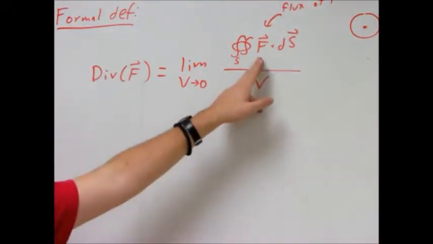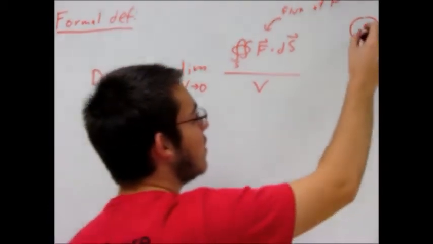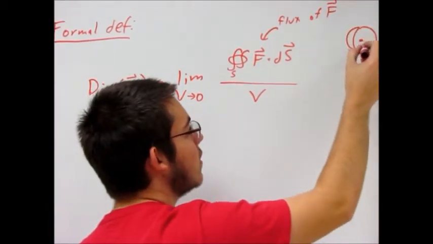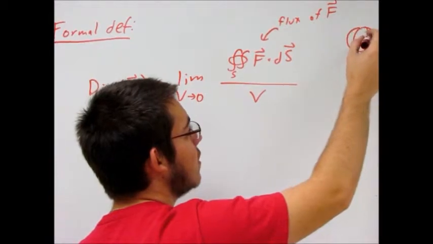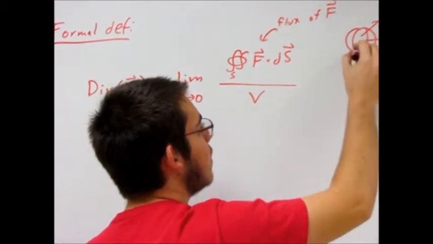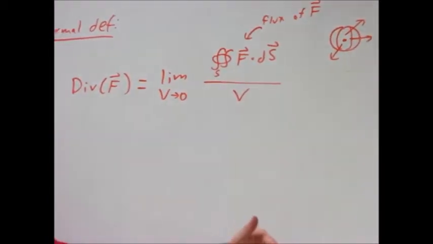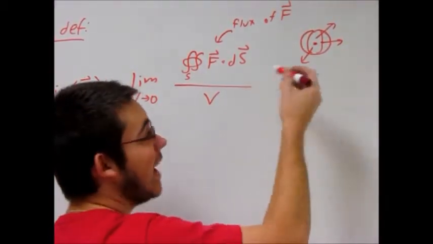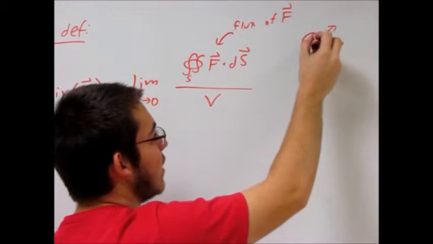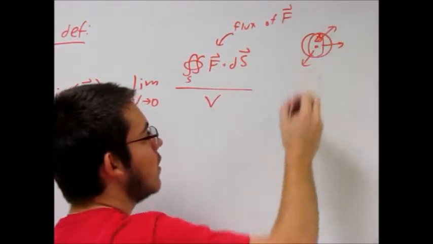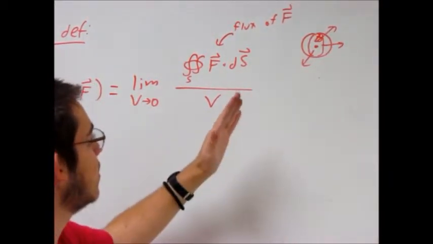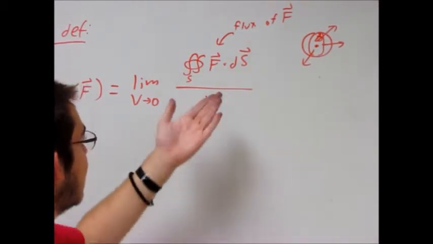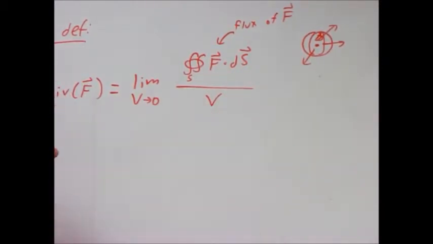Because it measures how much this vector field, so this is a point, this is the surface around it, how much it crosses through the surface. So f dot dS is integrating at each point how much it crosses through, and actually how much it goes out of the surface. And this is a closed surface.